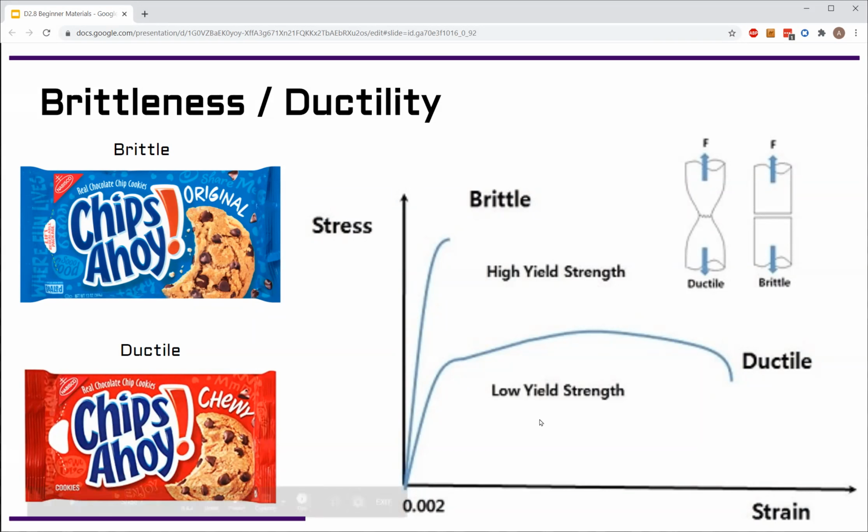all in one go. Where a ductile material will, at a much lower force, start getting longer and longer and longer, and then eventually, after you pull on it for a long time, you can rip apart the whole thing, but it's going to be very long by the time you actually pull it all the way apart.